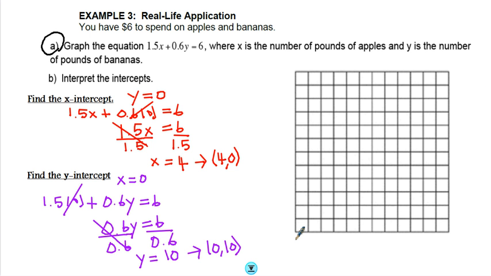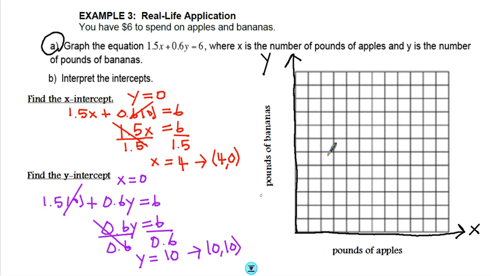So when you label the axes, this entire bottom is going to be your x-axis, which represents apples. And the vertical axis, the y-axis, is this whole line, and that represents the bananas. So graph it just like this, and make sure you label the axes here, the numbers, the grids.